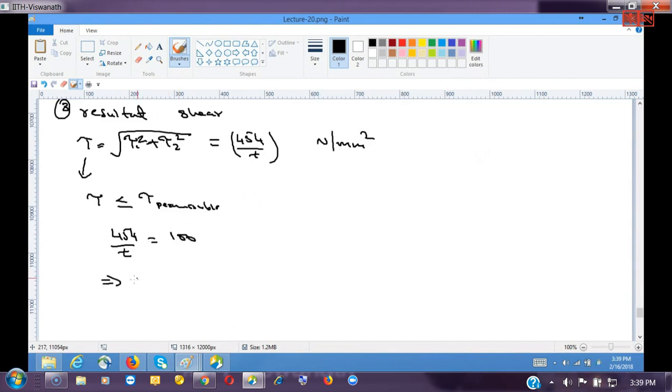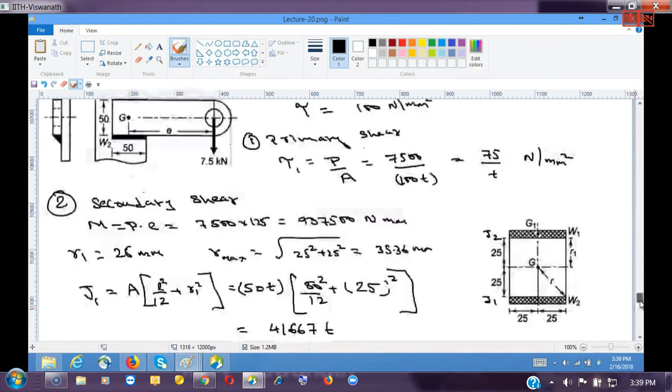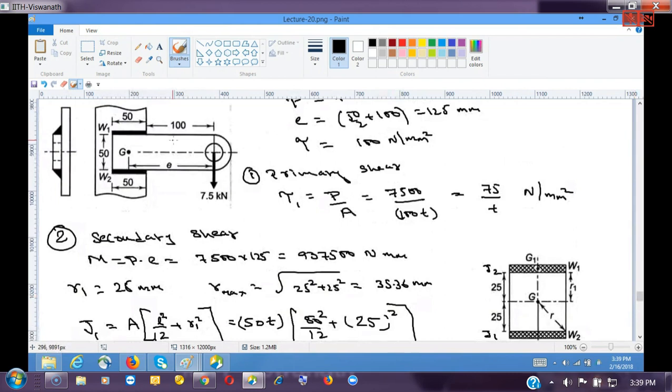That implies T is equal to 4.54, or about 5 mm weld is required. So this is the size of the weld that is required so that this structure can take up this load with the given eccentricity.